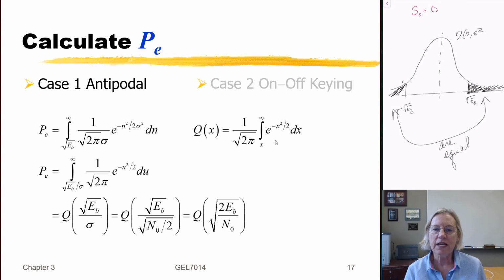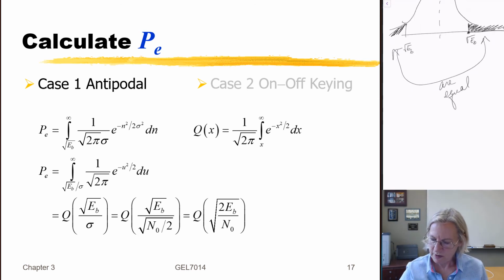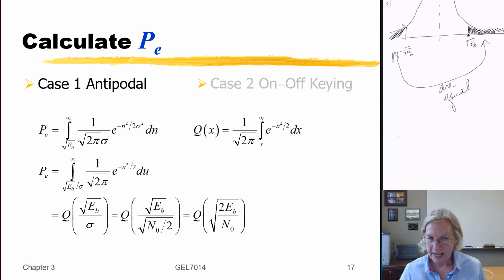So this Q function is 1 over the square root of 2 pi, the integral from x to infinity of e to the minus x squared over 2. So it's not quite what we have here in our probability of error, but it's very close. All we have to do is change the argument of our integration so that we replace n with, just write it here, let u equal n over the square root of 2.